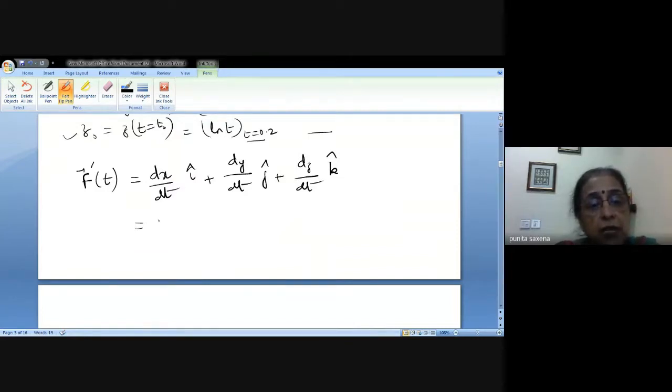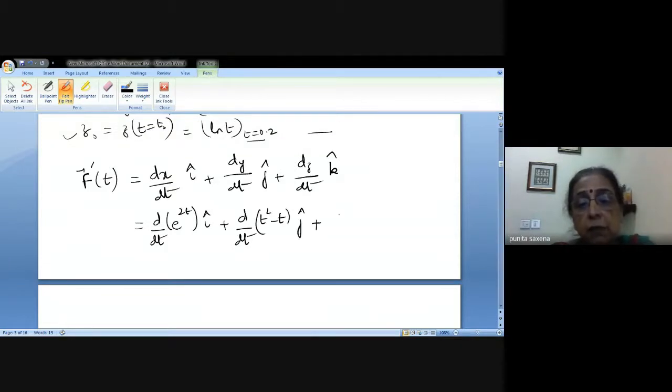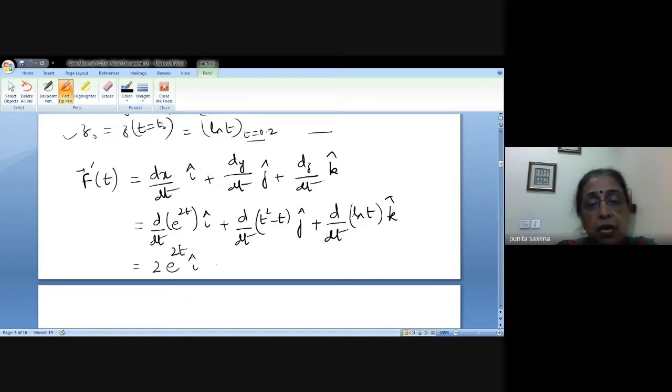So that means it's d/dt of e to the power 2t i plus d/dt of (t square minus t) j plus d/dt of log t k. So what is this? This is nothing but 2 e to the power 2t i plus (2t minus 1) j plus 1/t k. This is your f dash t, right?